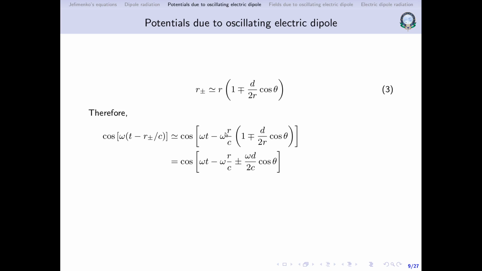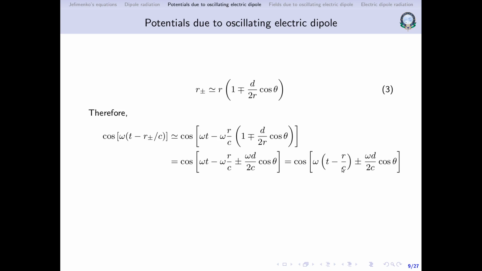So we have minus omega r by c into 1, and when you multiply minus plus with minus, the signs flip and minus plus becomes plus minus. So you'll get plus minus omega into d, the r and r get cancelled, divided by twice c into cos theta, that is omega d by twice c into cos theta. I can take omega common now: omega into (t minus r by c) plus or minus omega d by twice c into cos theta.